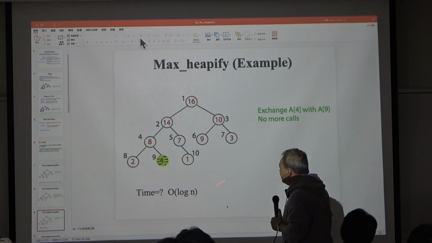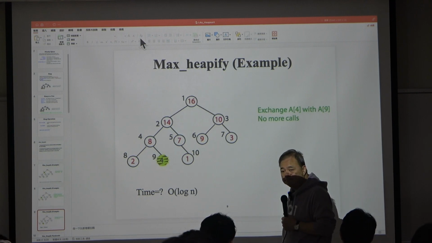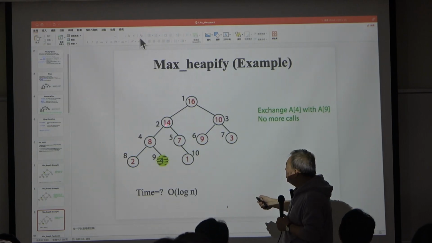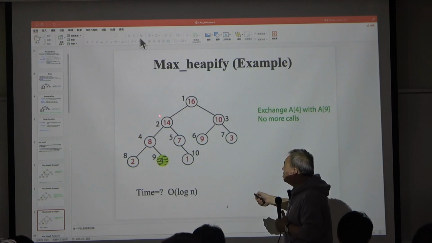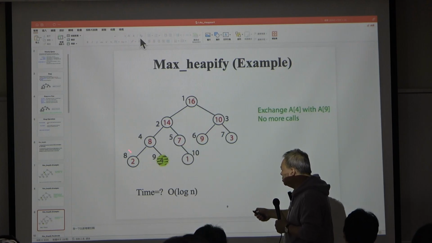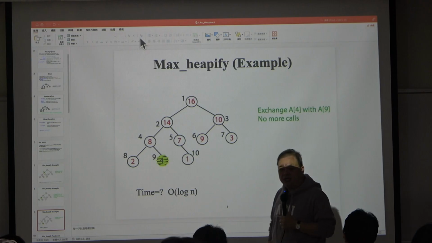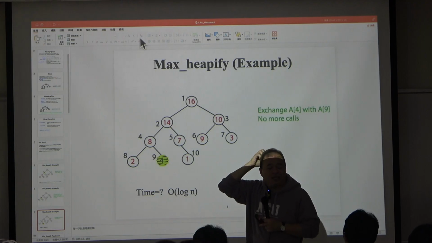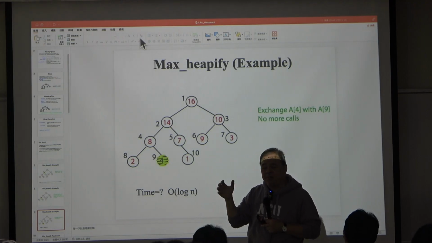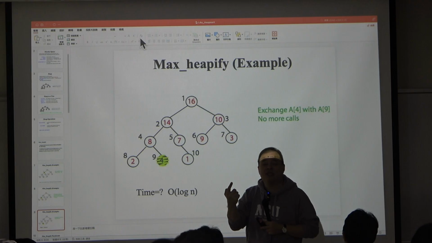So how much time does it take? Well, at each level we compare this node with its 2 children. The number of operations at one level is bounded by a constant amount of time, right? 2 comparisons and possibly 1 swap.